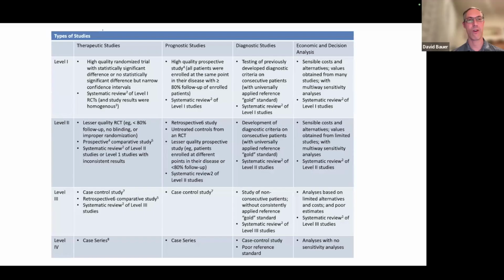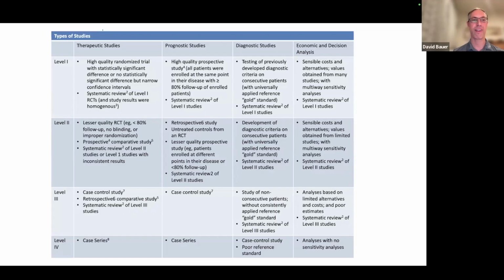And then there was close follow-up of all of the patients to make sure that every patient was accounted for when the results were written. Level two studies are poorer quality randomized studies or a prospective comparative study. A level three study is a case control study. So you're looking at a case of something like Chiari malformation and then a control, a patient without it, and then you're trying to compare.